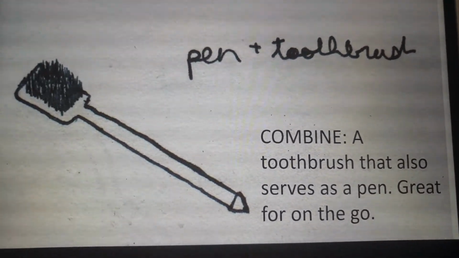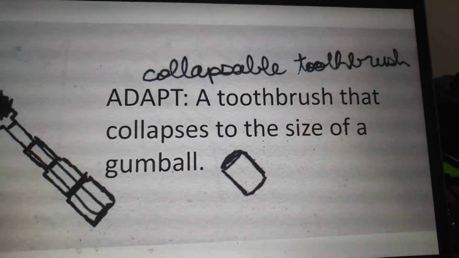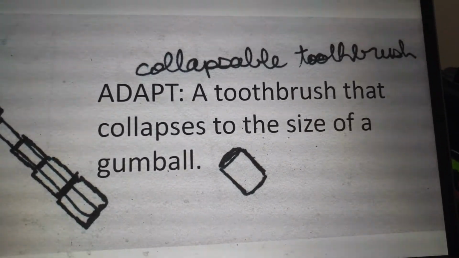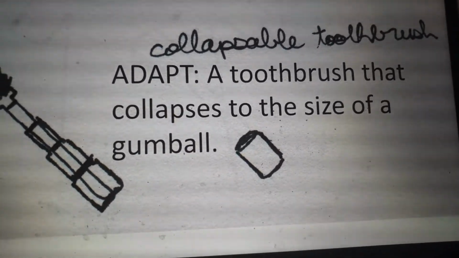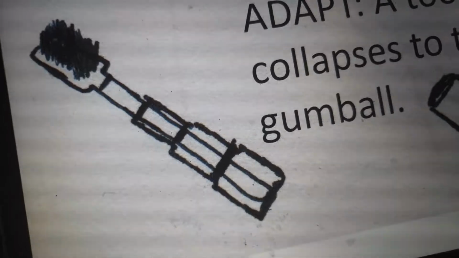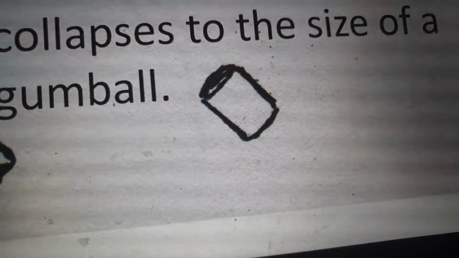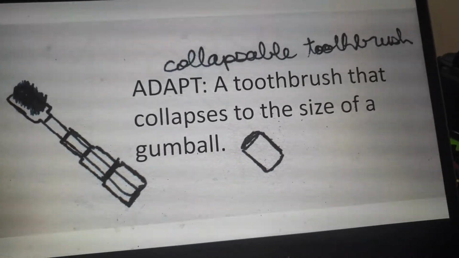Great for one on the go. Adapt: a toothbrush that collapses to the size of a gumball. This old long toothbrush can fold for traveling. Yes, collapsible.